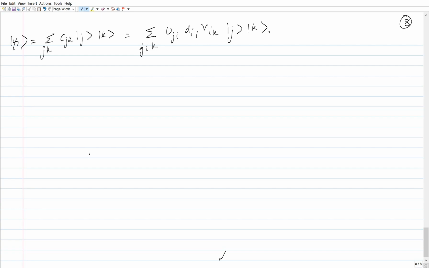So, once I have this, now it just boils down to relabeling my variables or my indices again. In other words, convince yourself that this quantity over here, combining this product with this guy, is just another unitary matrix applied to these column vectors and summed over the coefficients. That's just going to give me another vector.